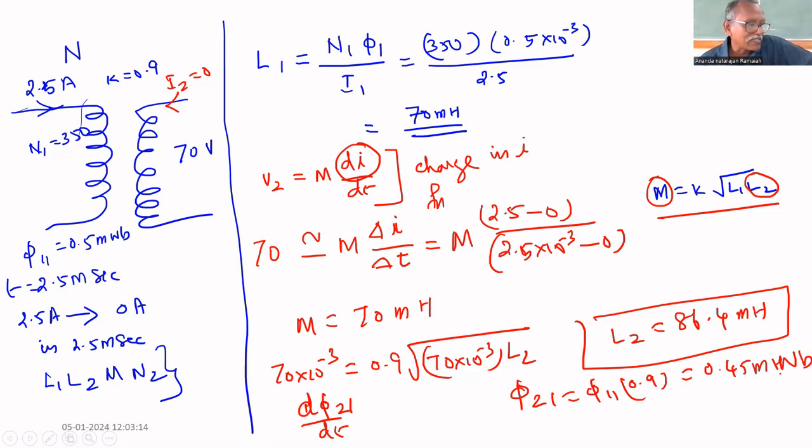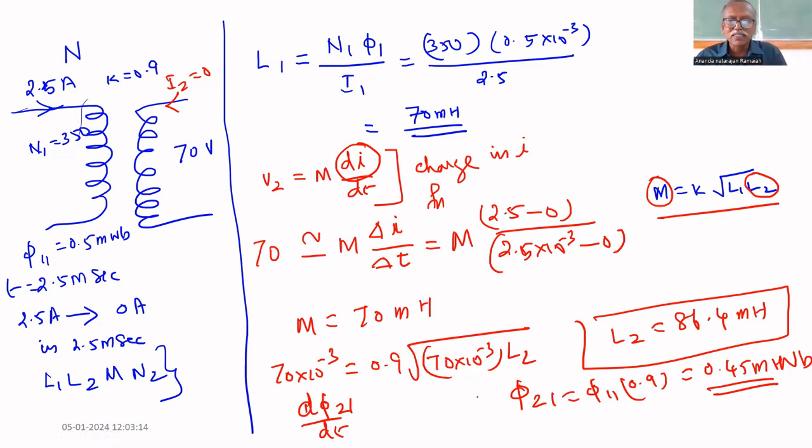That you have to find first. So the flux we got is 0.45 milliweber. Now, the change in flux is from 0.45 milliweber to 0 weber, because when you turn off the current, the flux will change from 0.45 milliweber to 0.